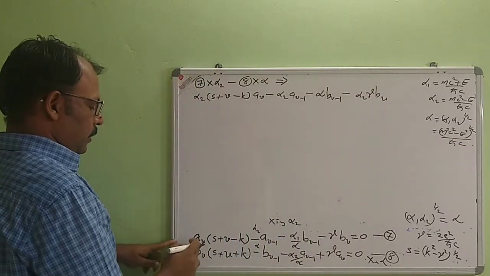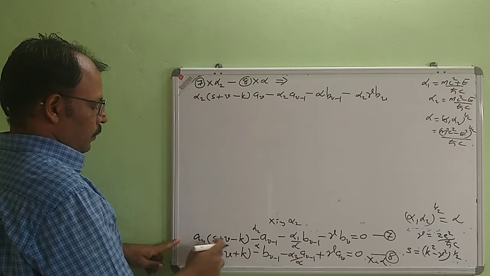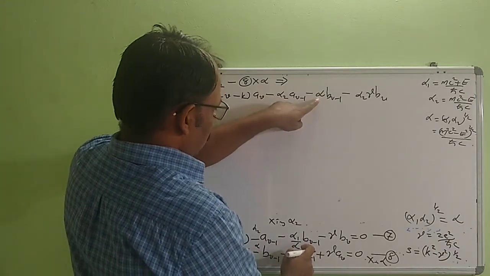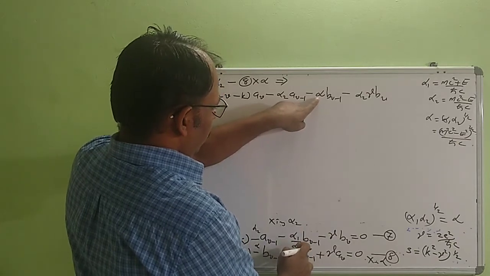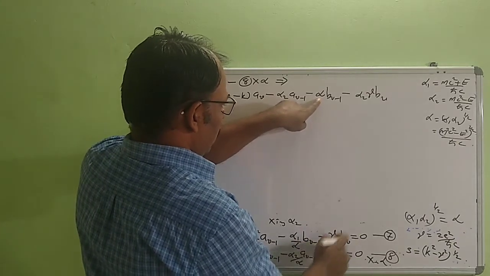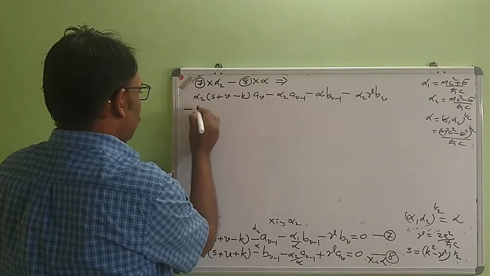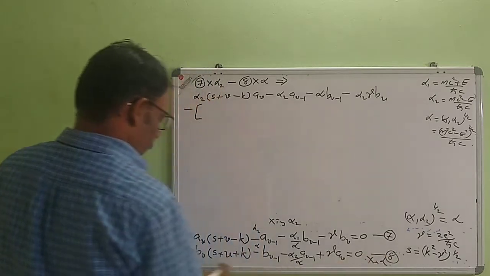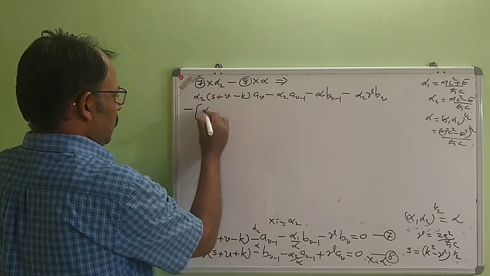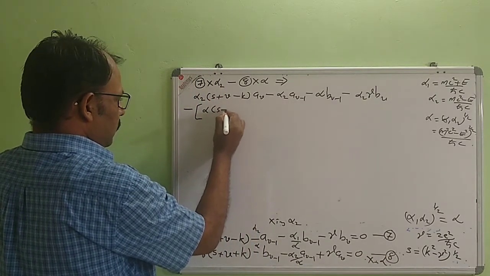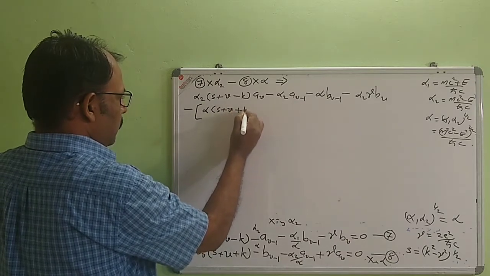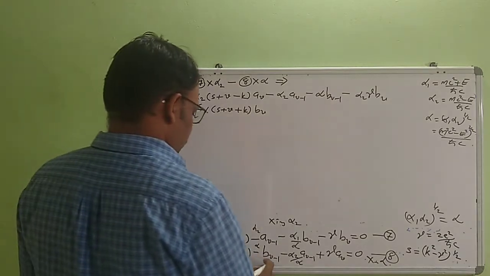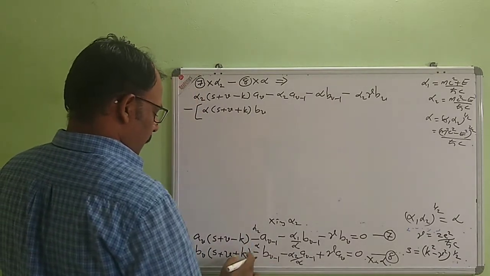So this is the first equation: AV alpha 2 S plus V minus K, minus alpha 2 alpha 2 alpha 1 by alpha, which is alpha, then minus gamma BV. Minus the second term: equation 8 multiplied by alpha, so it is alpha S plus V plus K BV.